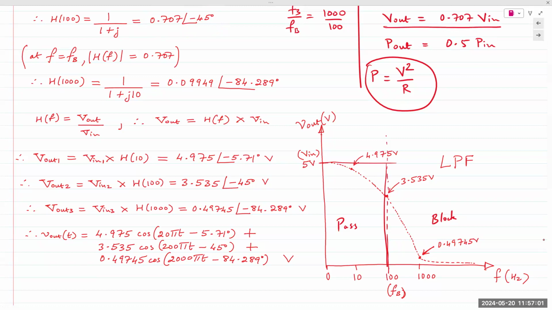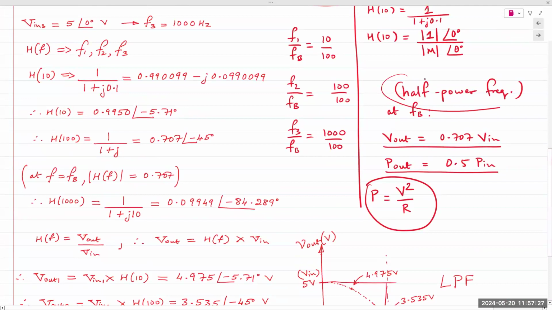Power is given by V squared over R. At break frequency, voltage is 70% of the input, but the power is only 50% of the input. If input power is 100 watts, then your output power at that break frequency will only be 50 watts. Hence the break frequency is also known as the half power frequency.